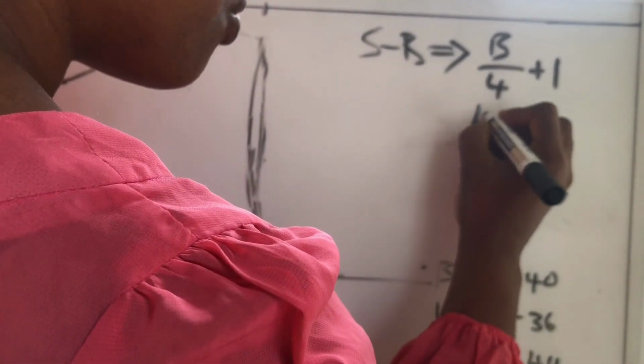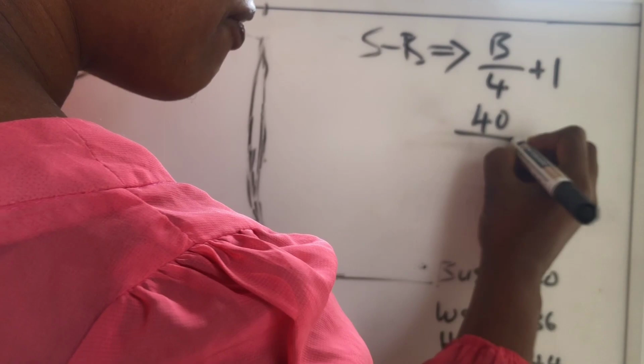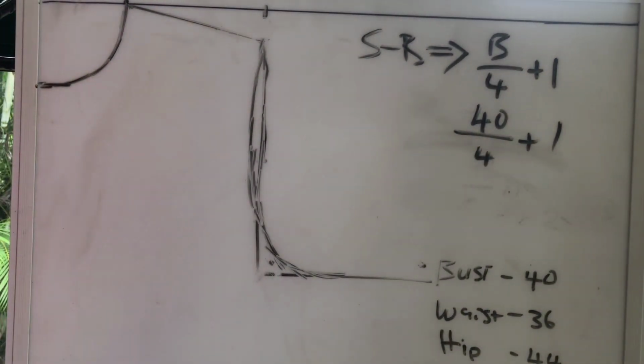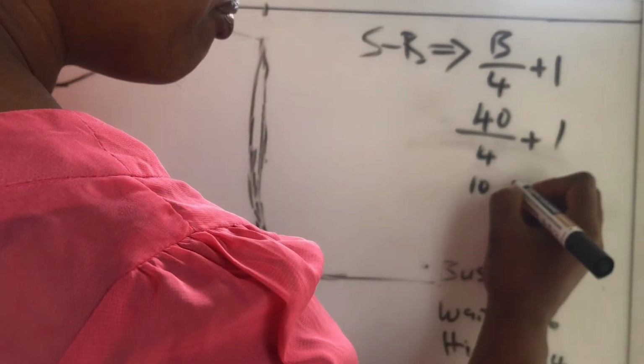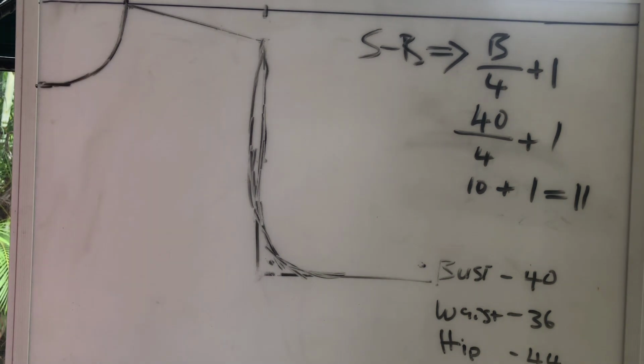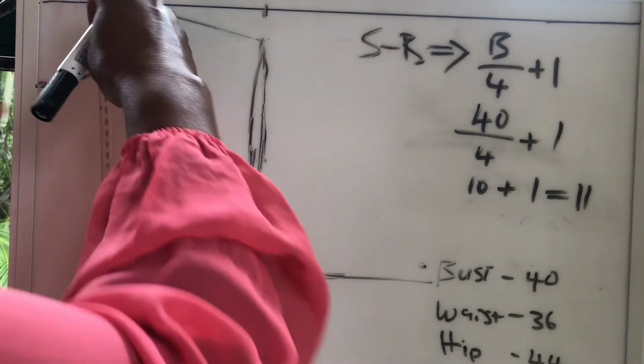That is to say, 40 divided by 4 plus 1, which is equal to 10 plus 1, and that is 11. That means this person's bust point is 11 inches.